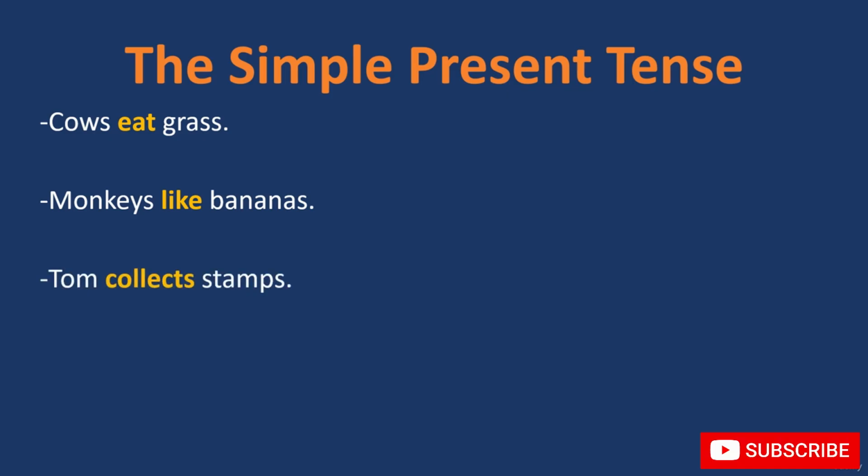Tom collects stamps. The earth goes around the sun. When I start with cows eat grass, this is a fact. Monkeys like bananas, this is a fact also. Tom collects stamps, this is his habit. The earth goes around the sun, this is a fact. So I remind you that we use the simple present tense to express facts or habits.